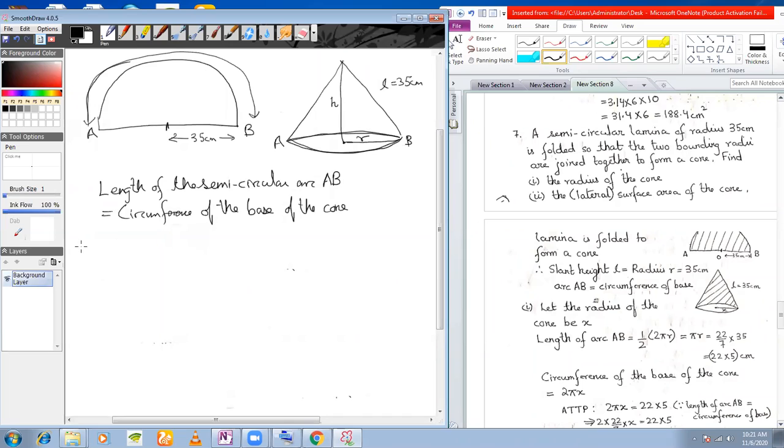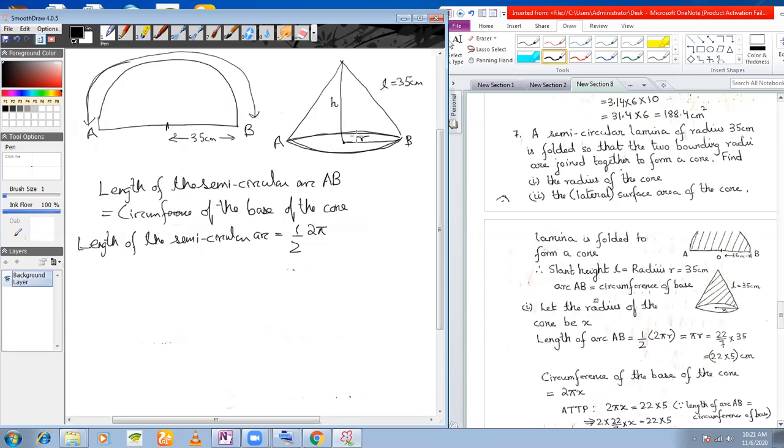And what is the length of this semicircular arc? The length of the semicircular arc is half of 2 pi times the radius.